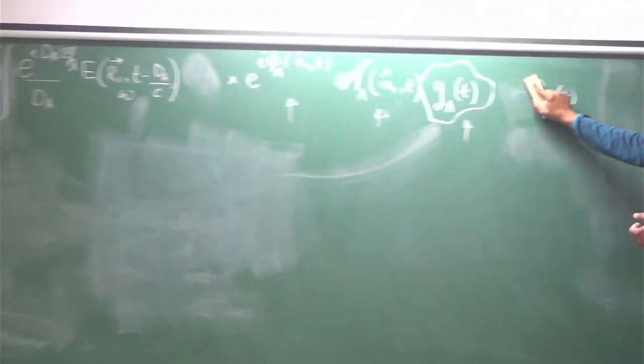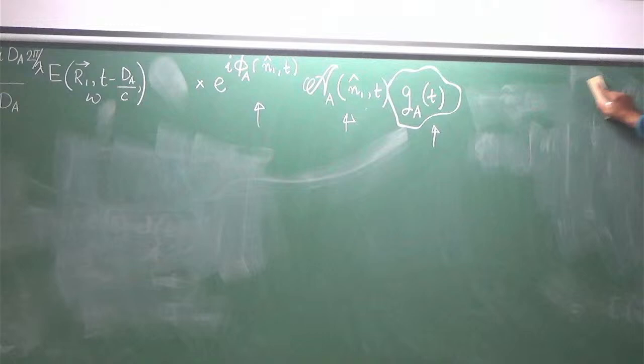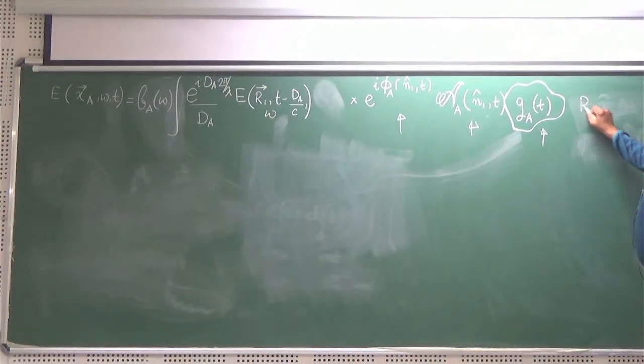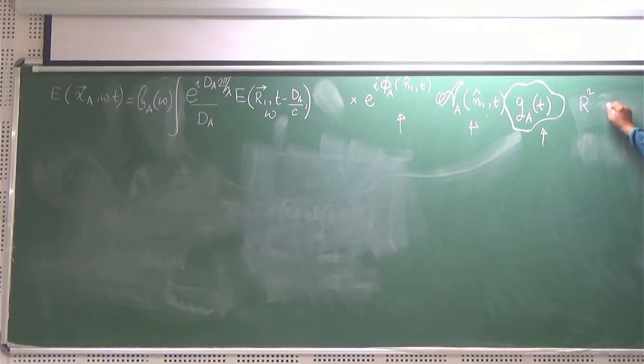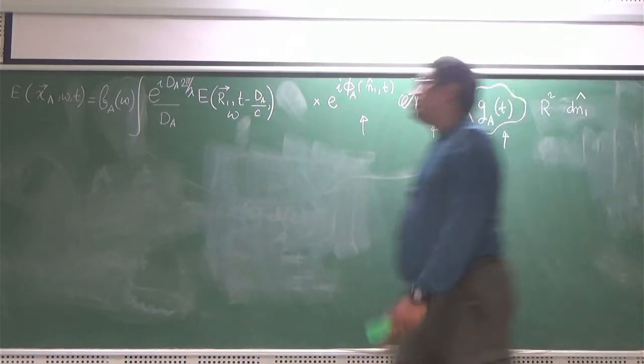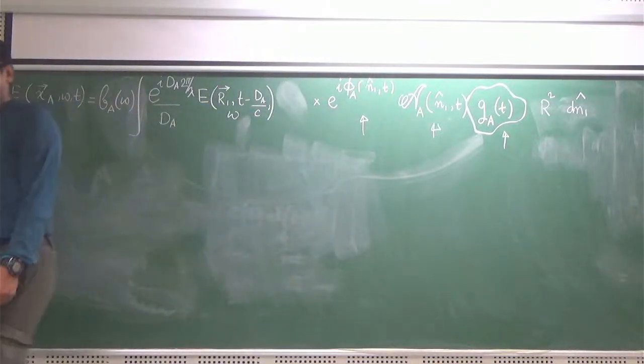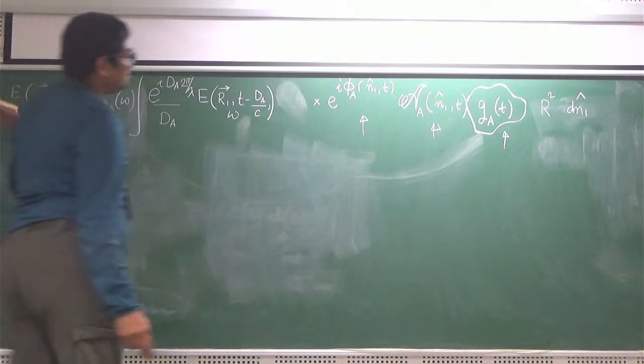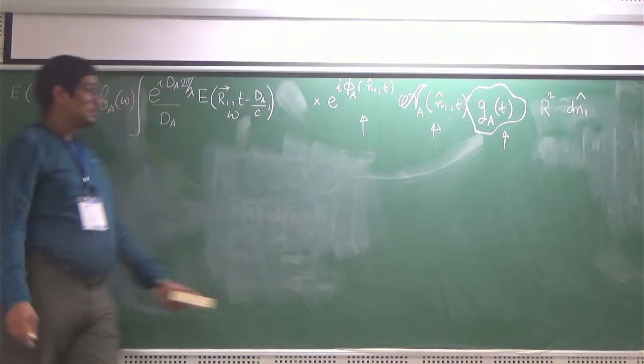So for the time being, let me forget about the noise. I can put that back in later, as a random number. So this is r squared dn cap. So that was dr. So that is the electric field. I should have written delta E over here because that is coming from that small patch of the sky. Now this is the total electric field recorded from the entire sky.